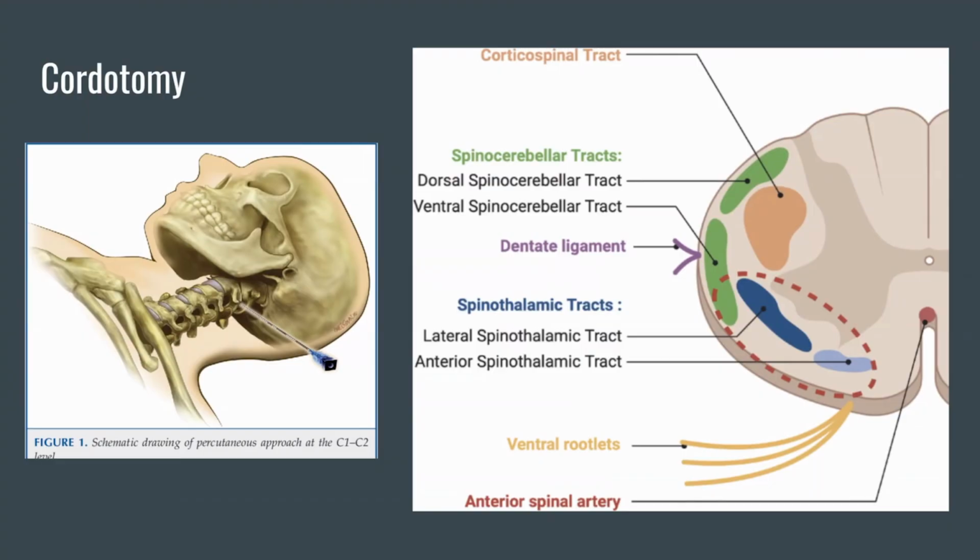So, performing it itself, the percutaneous cordotomy is a thermal lesion caused by radiofrequency electric current in the spinothalamic tract, contralateral to the side of pain, interrupting conduction fibers and selectively eliminating pain and temperature sensation from the affected half of the body.